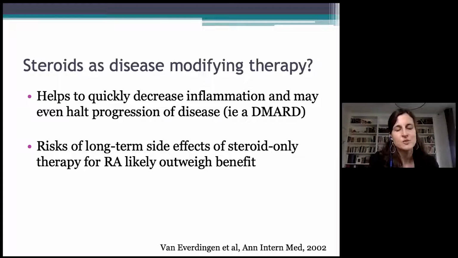But the risks and long-term side effects of steroids as the only therapy for RA likely outweigh the benefit. So the way we use steroids in our rheumatology practices is generally as a bridging therapy. So starting it initially to help patients feel better quickly, but then weaning that off as we start DMARD therapy.